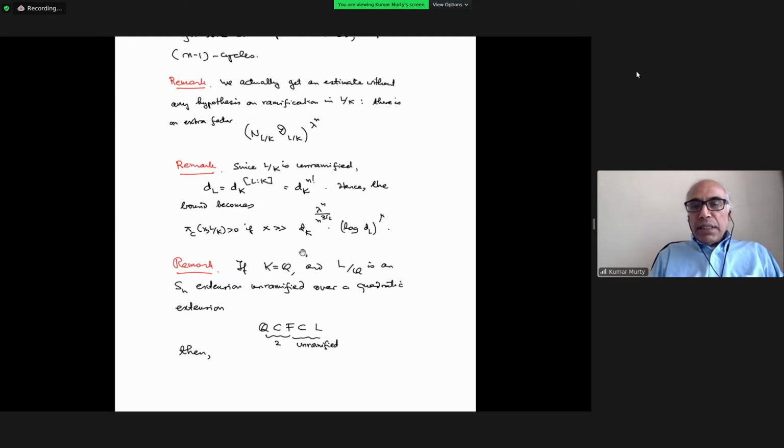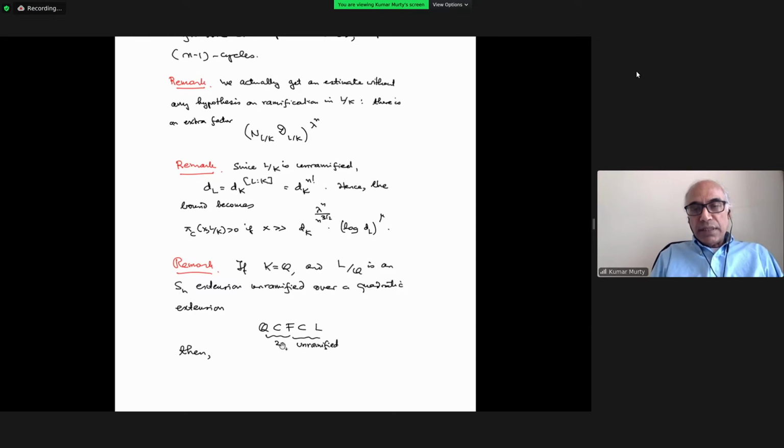We can generalize this a little bit more. If the ground field is Q, then of course there are no unramified extensions of Q, much less an unramified S_n extension. But suppose you had an S_n extension of Q, which certainly exist, which is unramified over a quadratic extension of Q. In other words, here is Q, and L, this one is S_n, and there is some quadratic field F such that this part is unramified.